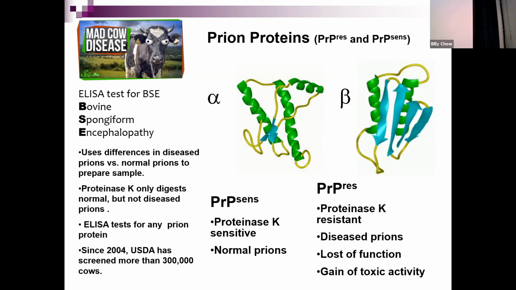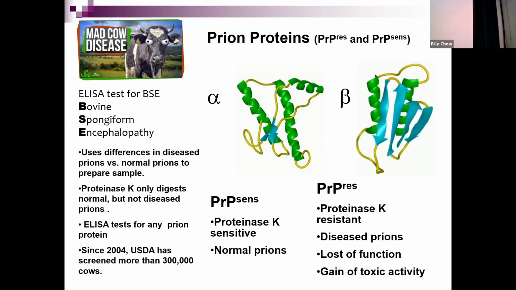And this protein, therefore, is responsible for the mad cow disease. Okay, so for that reason, you must find a way to detect whether you have the normal prion protein or the disease prion protein with a structure like this.